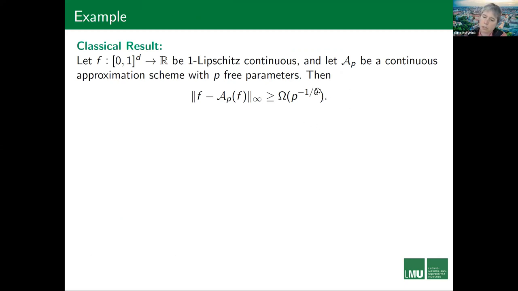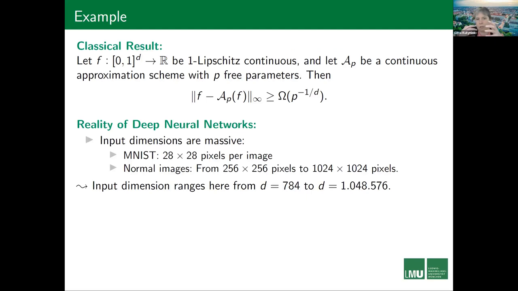What one observes, and this we also saw in various instances through the lectures, is that neural networks usually deal with massive dimensions. For instance, already in imaging sciences: in the MNIST database you have 28 by 28 pixels per image, but for normal images this goes up to 1024 by 1024 pixels or even higher.